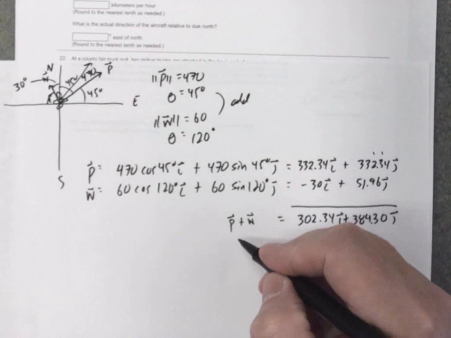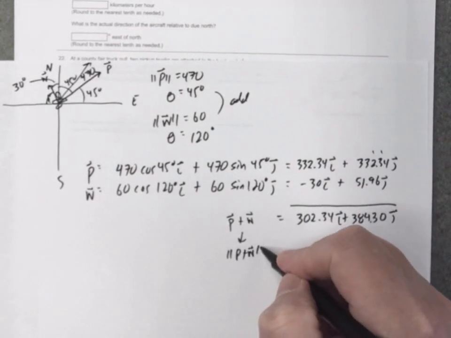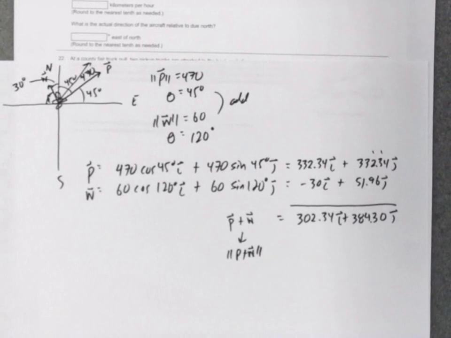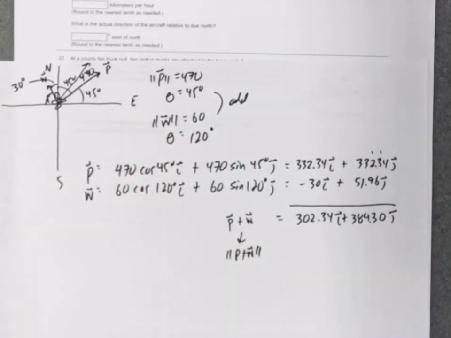Now, I need to get the magnitude, because I want to put the answer in the same form that the question was stated. This is like going to be the overall speed of the plane. By itself, the plane can go 470. The wind is pushing it in a different direction at a speed of 60. So this ends up being the overall speed.